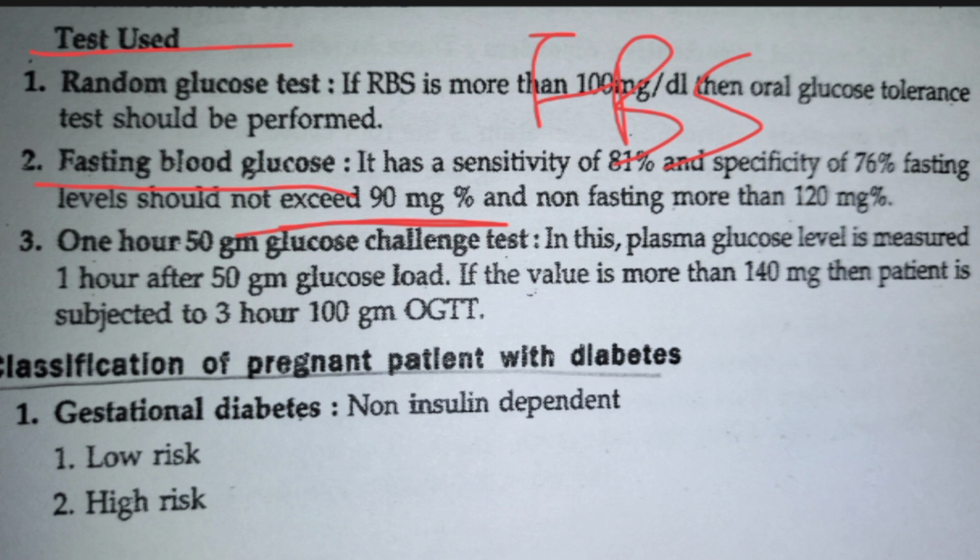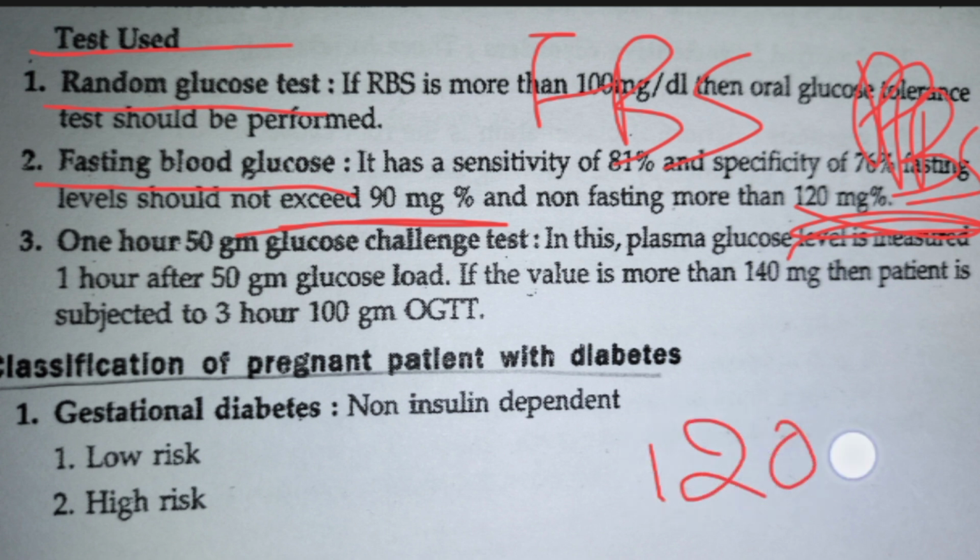Apart from this, there are different tests too, like RBS, random blood sugar, or PPBS. RBS and PPBS are performed after consuming glucose, and at this time the count can be around 120 mg percent, but more than this is again a problem and indicates the person has diabetes mellitus.